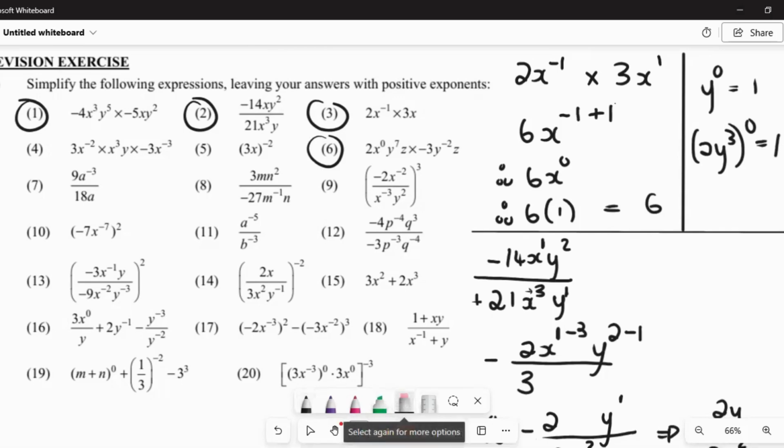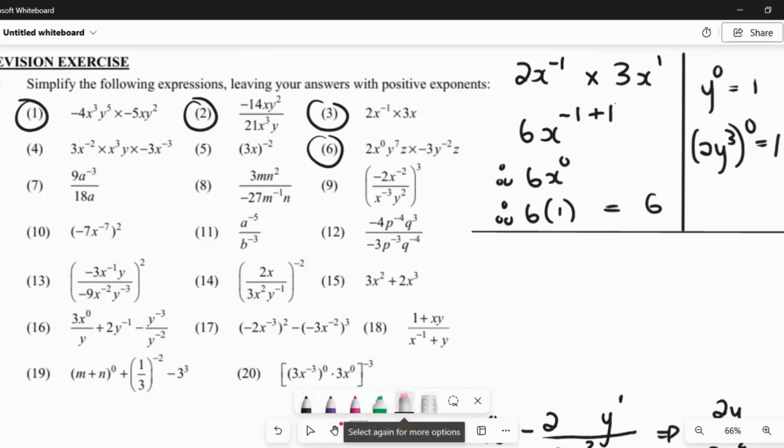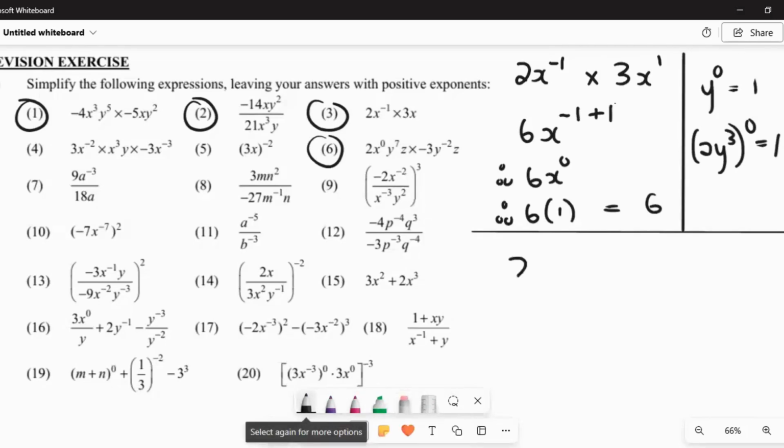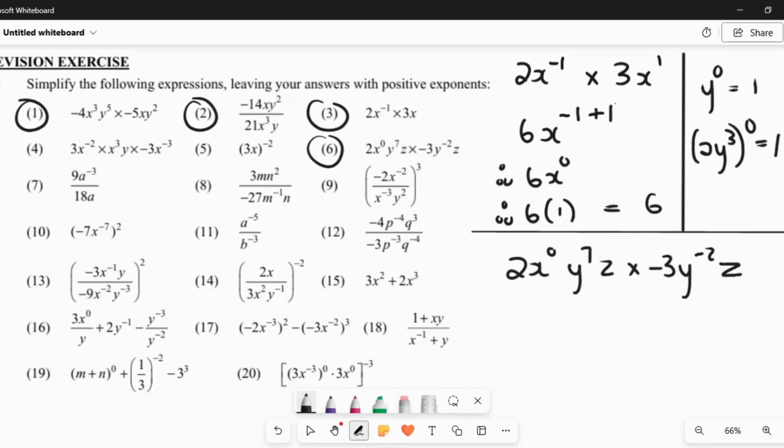On our last one, we are given there again 2x exponent of 0, y to the 7, z multiplied by negative 3, y to the negative 2, z. Again, remember, I just emphasized not so long ago that anything to an exponent of 0 is how much? 1.